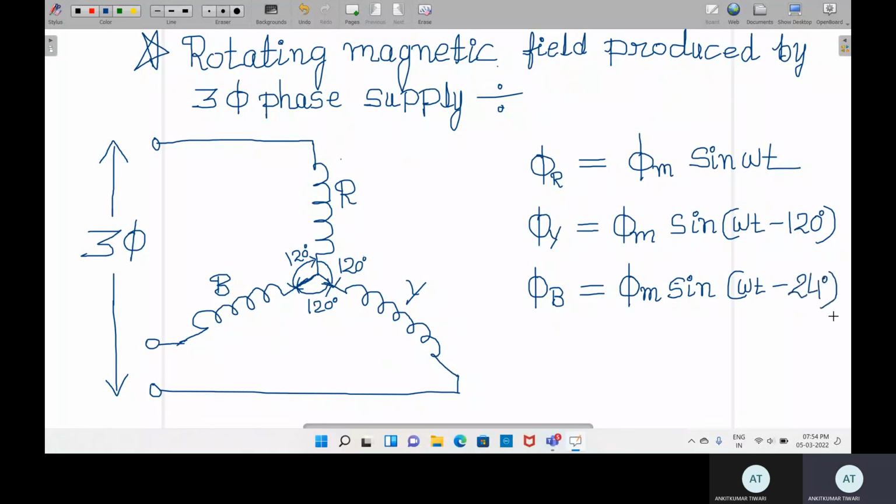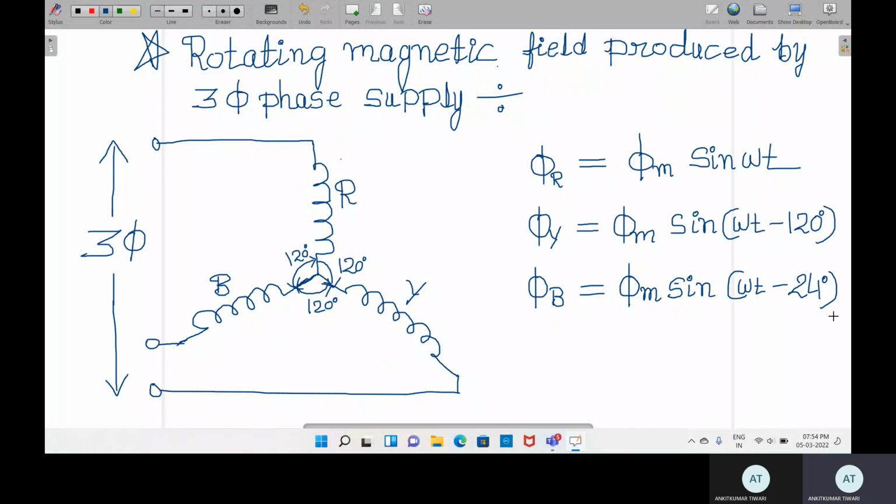So we have seen that coil R produces the flux phi R, which is considered as a reference value, and we will consider the other coils and the fluxes produced by them with respect to the R coil and R flux.